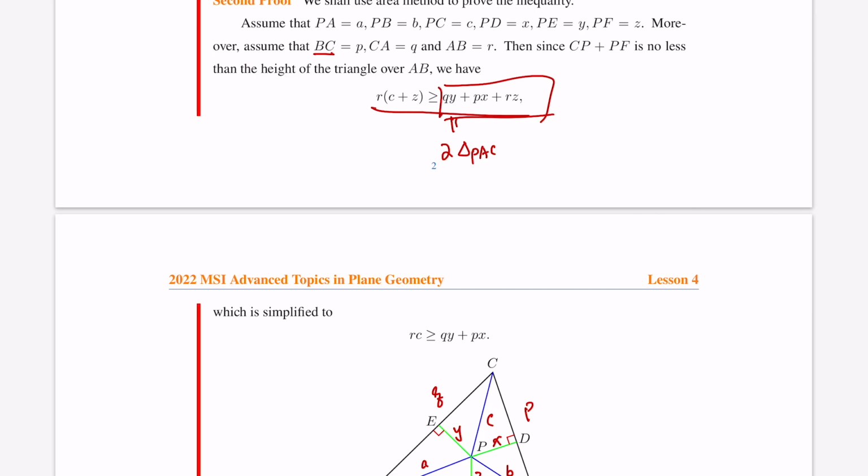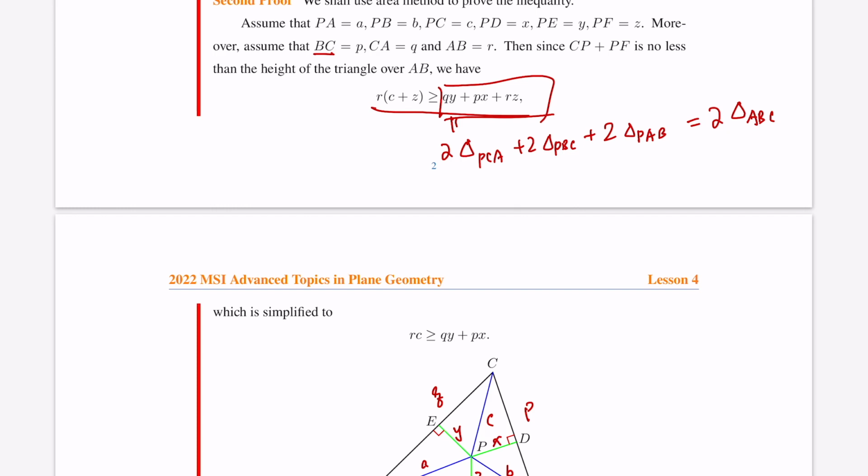And p times x would be twice the triangle PBC, and the other one will be 2 times the triangle PAB. I prefer to write this as triangle PCA. Anyway, so this will add up to 2 times the area of triangle ABC. So the right-hand side is 2 times the area of triangle ABC. Let's see the left-hand side.